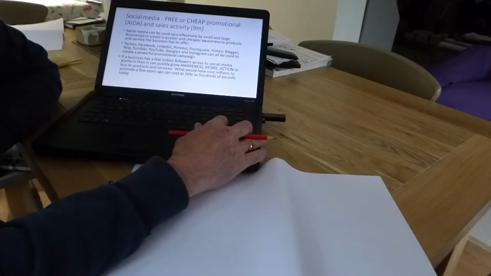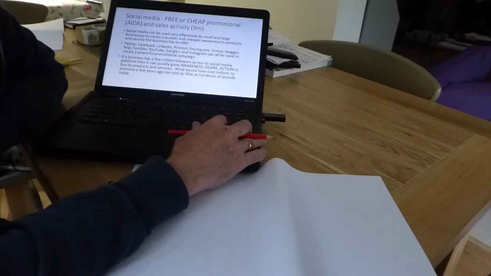Social media is massive for small and large businesses to create quicker and cheaper awareness of what a business has to offer. If you link up social media such as Twitter, Facebook, LinkedIn, Pinterest, Foursquare, Vimeo, to name a few, Blogger, Yelp, Tumblr, YouTube, there's a powerful array of promotional campaigns that people can use and send messages out.